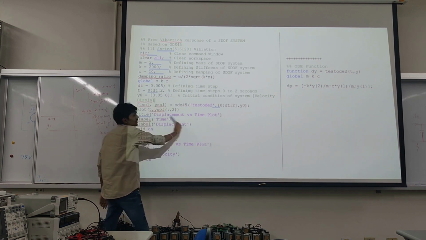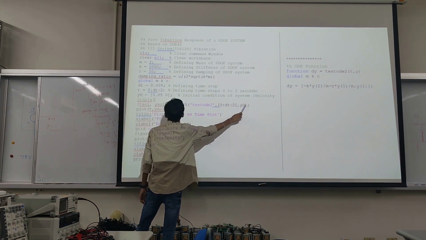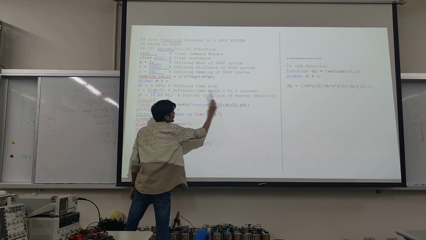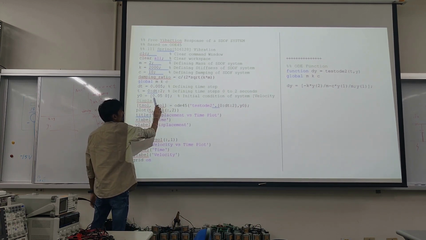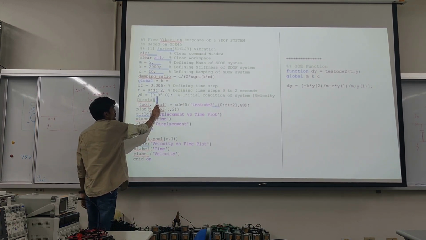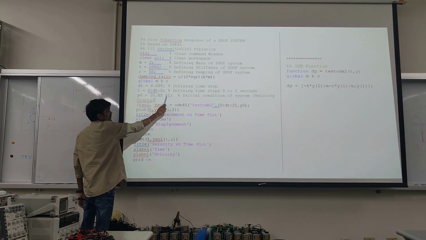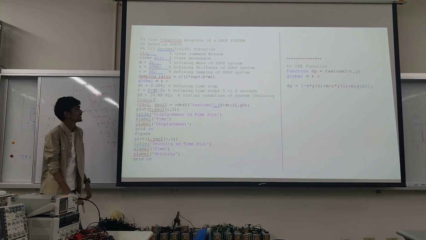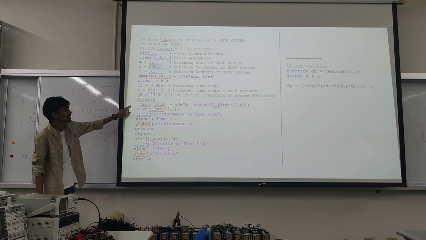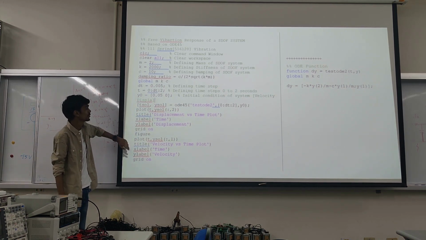This is our time span, and then y0. y0 is the initial condition, velocity and displacement. Initial conditions are 0.05 and 0. This is for the velocity, and this is for displacement. So we have already given everything. So the MATLAB code will solve these things.